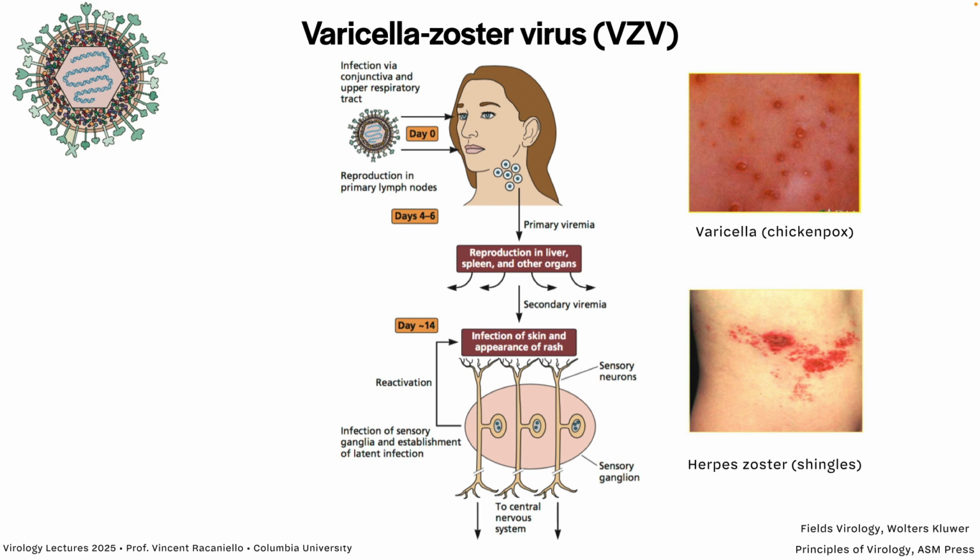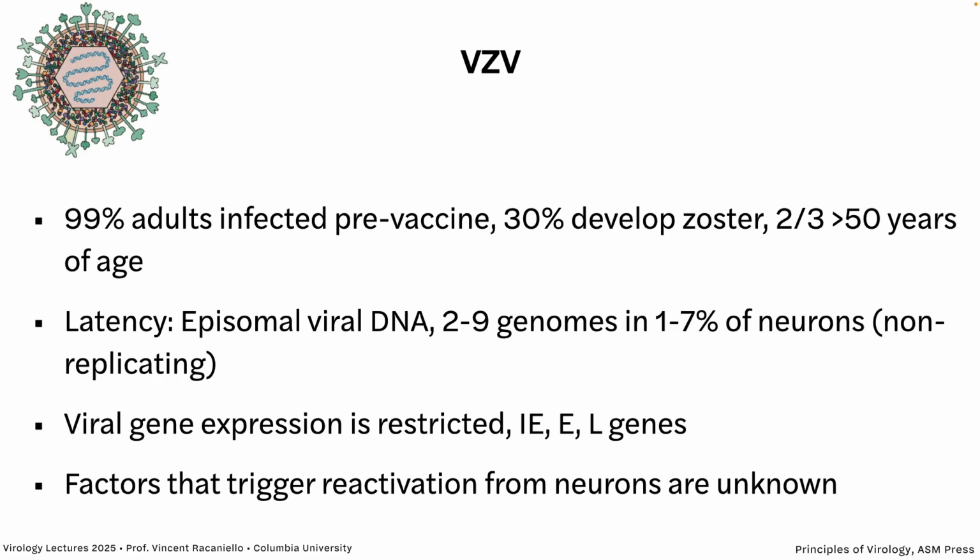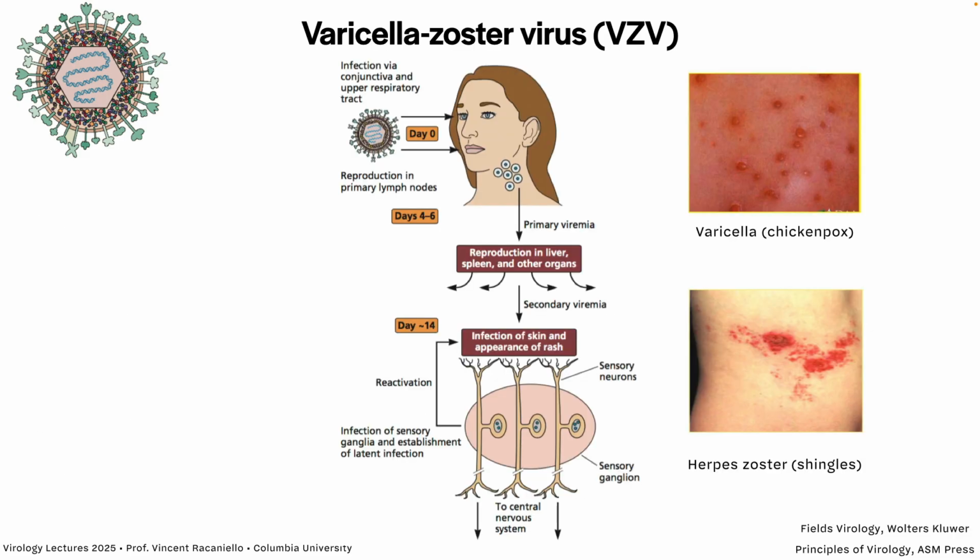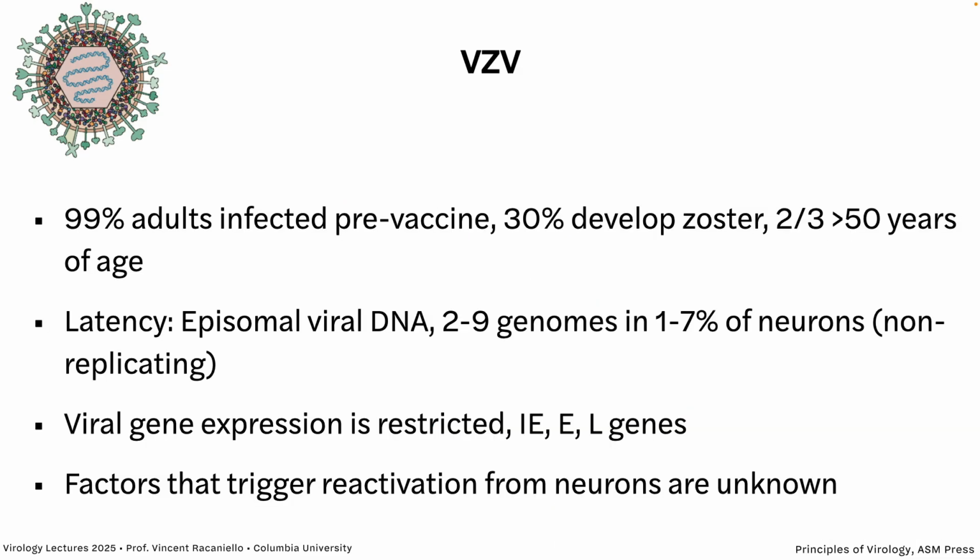Periodically it is reactivated to cause this rash called shingles. Typically you get it across your body on one dermatome that's innervated by a particular ganglion. So obviously the virus has gone latent for many years. Shingles typically occurs in people over 50.